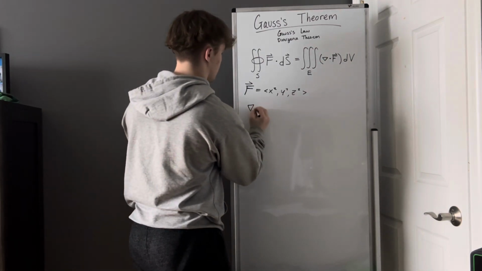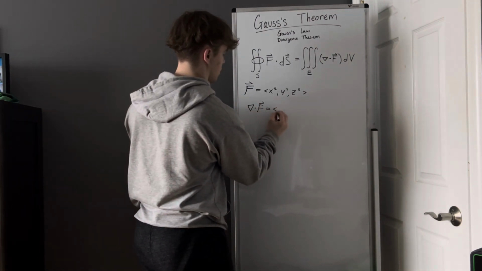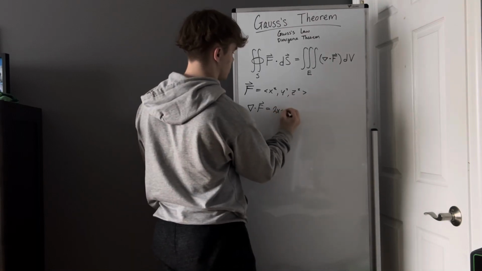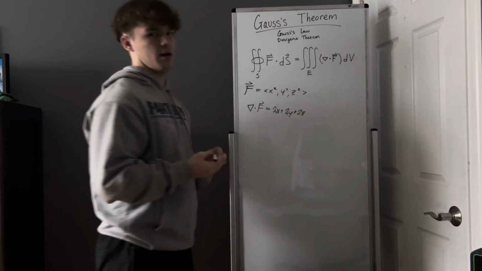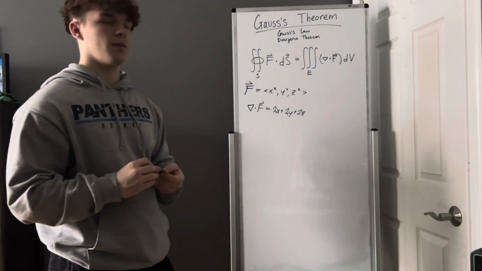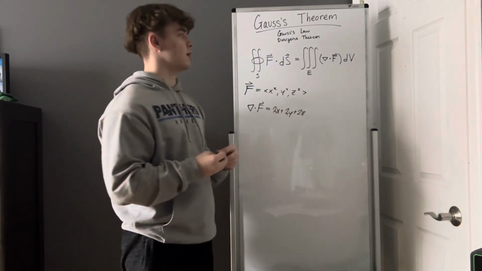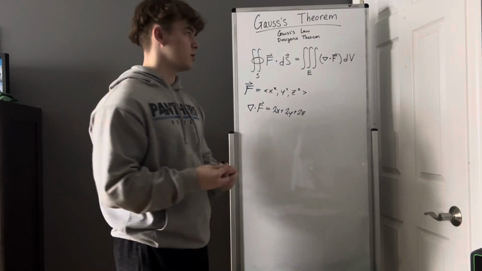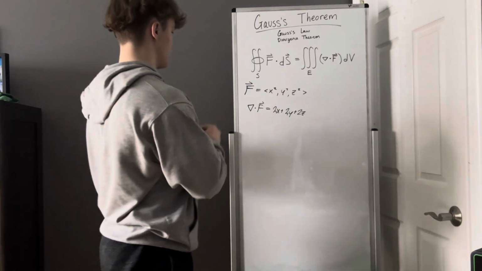Let's take the divergence of this vector field. This is going to be 2x plus 2y plus 2z. Very simple. Now what can we do? Well, we can plug them into this, and we know that x, y, and z span from 0 to 1, so that makes this triple integral very simple.